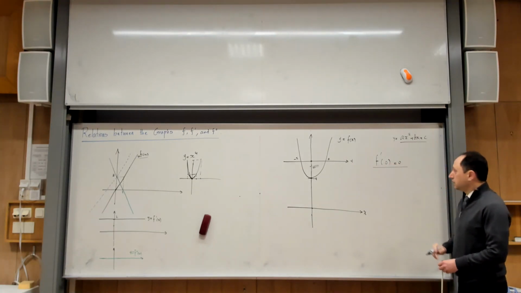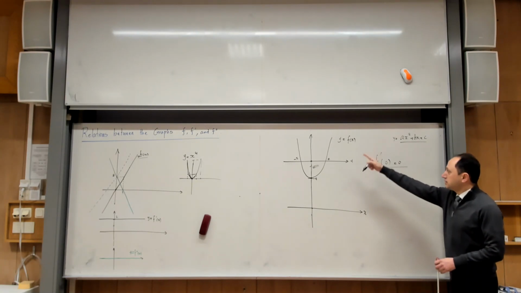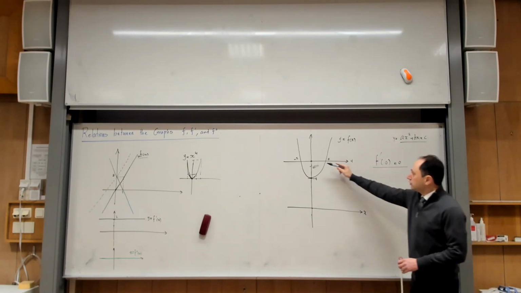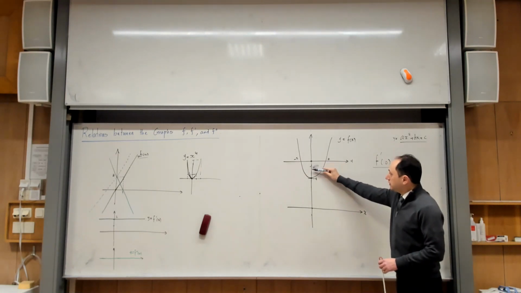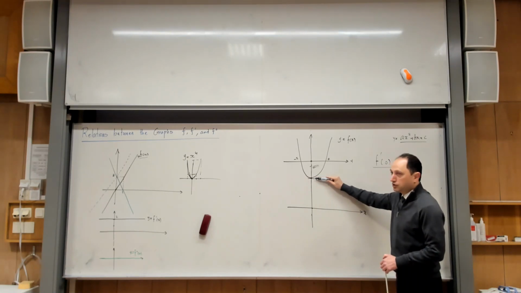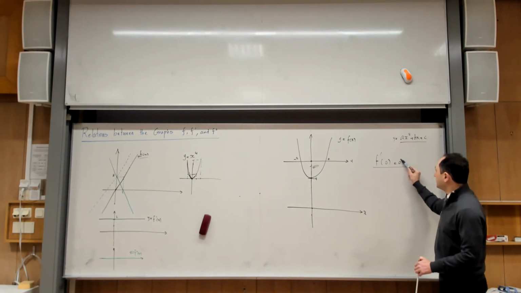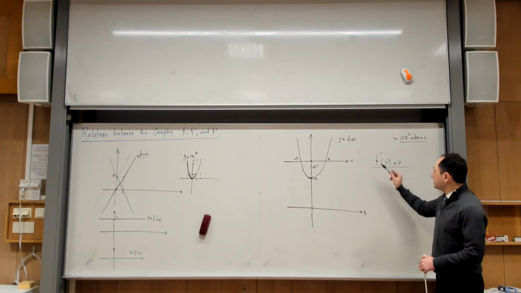If I ask you what is the derivative of this function at the origin, you go to the origin, find the corresponding point on the graph, draw a tangent line and read the slope. Because the tangent becomes horizontal, the slope that you read is 0. So it means that the derivative is a function that is 0 at 0.